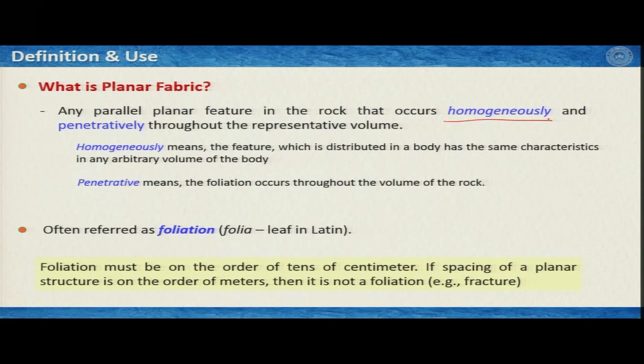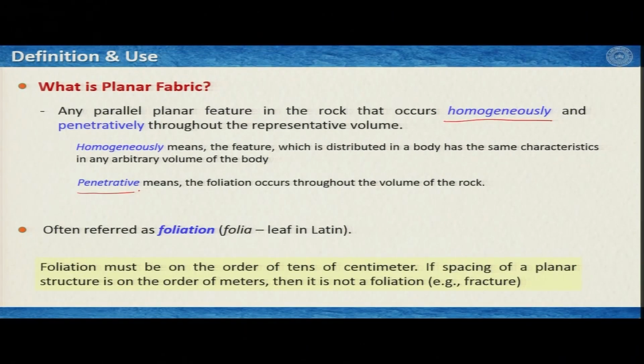So, to specify these 2 terms in particular, homogeneously means the feature which is distributed in a body has the same characteristics in any arbitrary volume of the body, and penetrative means the foliation occurs throughout the volume of the rock. So, that means if I have a planar fabric in the rock, except the plane it is occurring, if I cut at any direction of this volume of the rock, I should see the presence of the fabric.